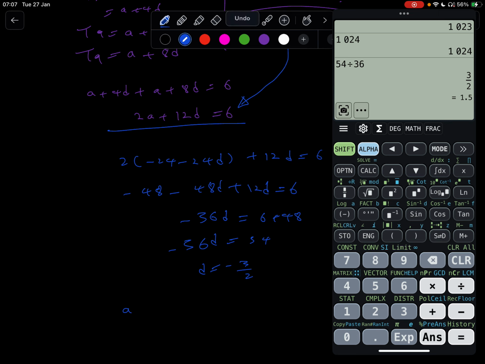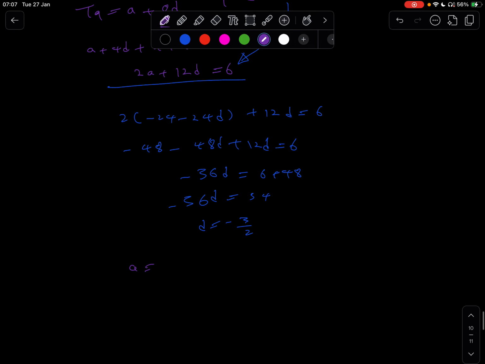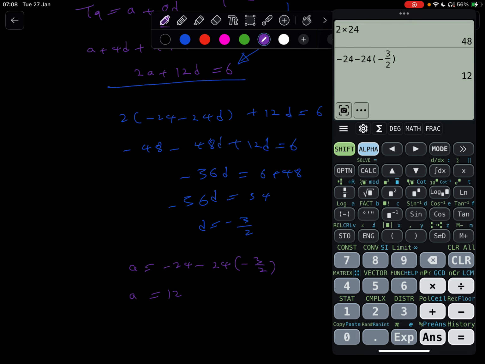As for the value of a, substitute back into that equation of -24 minus 24 times -3/2. So minus 24 into -3/2, we get a value of a of positive 12.